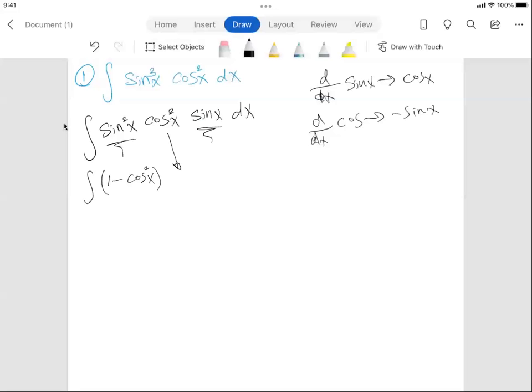The next term simply comes down here, and we have sine of x dx. So I can write all this as cosine squared of x sine of x minus cosine to the power 4 of x sine of x dx.